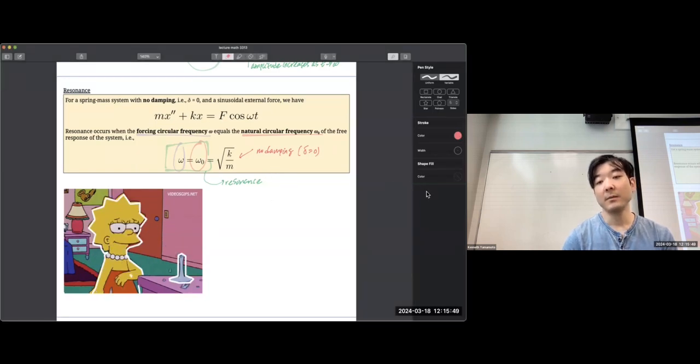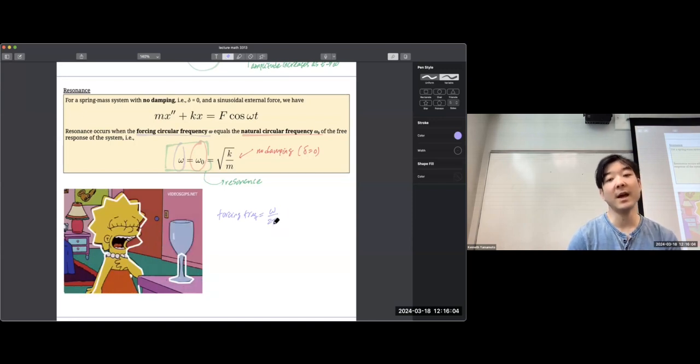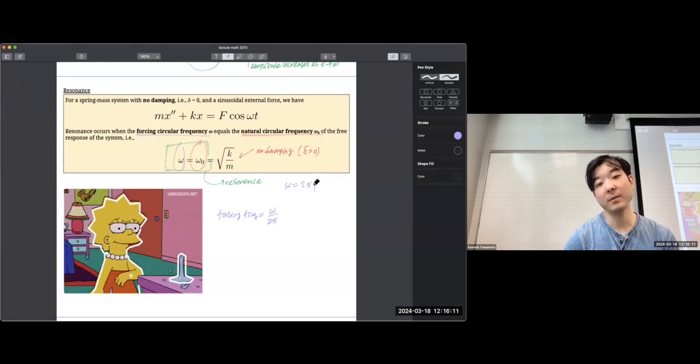And so I should make a note here that your forcing frequency is technically omega naught over 2 pi. So there's a difference between circular frequency and frequency. Remember, omega is your circular frequency and it's equal to 2 pi f. F is your actual frequency.